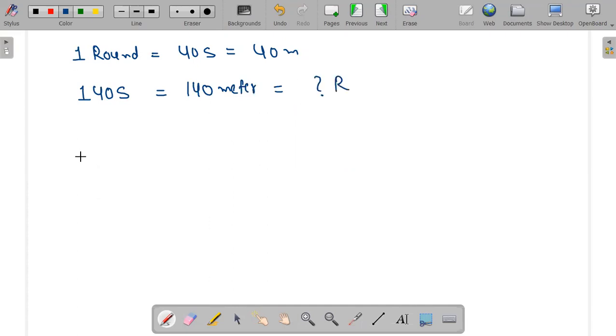So I'm writing that in 40 seconds it will complete one round. Then in 140 seconds, how many rounds are there?